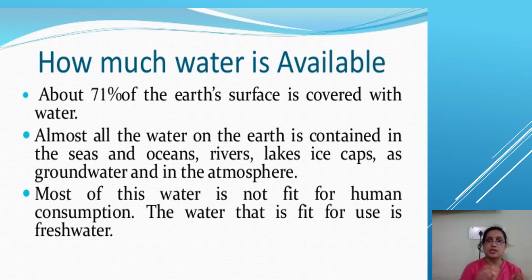That is seas, streams, glaciers, rivers. All these constitute 71% of earth's surface. Now almost all the water on the earth is contained in the seas and oceans, rivers, lakes, ice caps, groundwater, and the atmosphere. And in the atmosphere, the vapor form is present. And most of this water is not fit for human consumption.